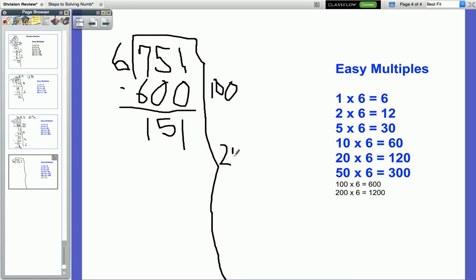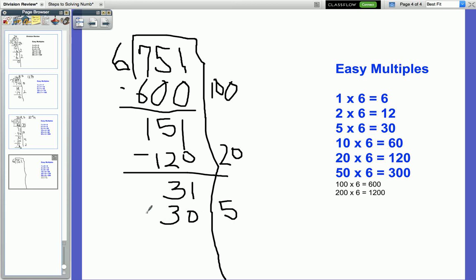So I'm going to put my 20 groups out here, and 20 groups is equal to 120. I subtract those. I'm left with 31. So I can make 5 more groups of 6, which would be 30. And then I'm left with 1, which is smaller than my divisor, so I am done.